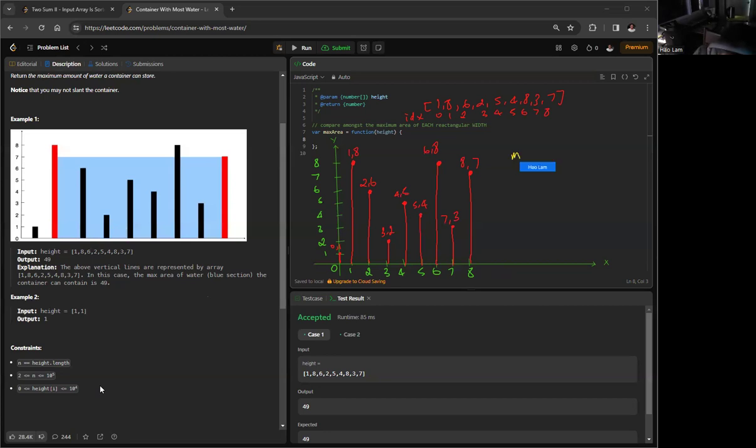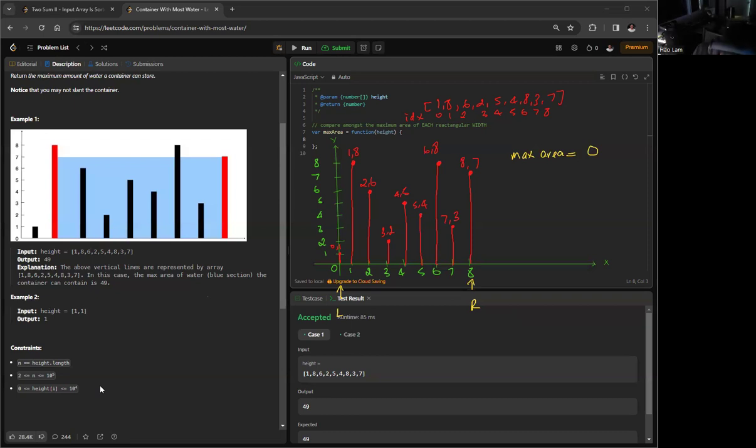Okay, so we need to keep track of the max area, right? And let's start out at 0 because it doesn't make sense to have a negative area. We can have two pointers here, the left and the right, starting at the two corners.